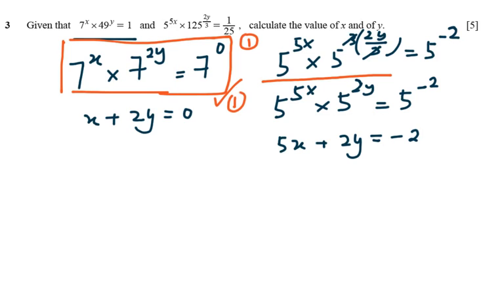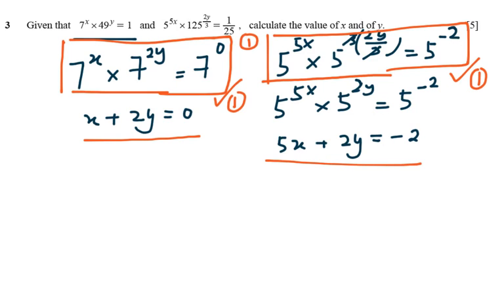You will get another 1 mark. Same thing goes to the other side. When you put 5 to the power of negative 2 equals the whole thing, you will get another 1 mark. Continue with this. When you have gotten your two equations, 1 and 2, you will get another 1 mark.